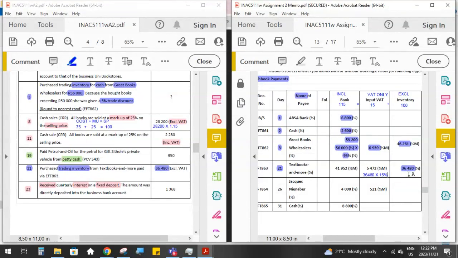Only in that instance. We never multiply by 15% if we are trying to work out the VAT and the amount that we've got is the including VAT amount. You will not get the right answer. Okay. And then once we know what the VAT amount is, 36,480, 100%, plus the VAT, 5,472, equals 41,952.